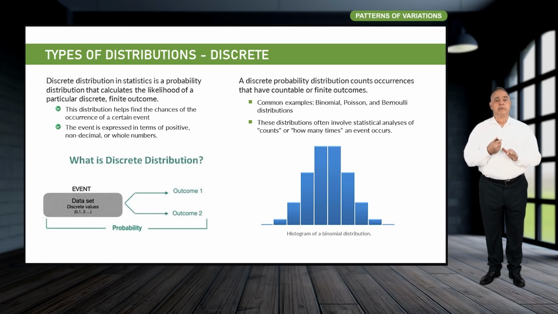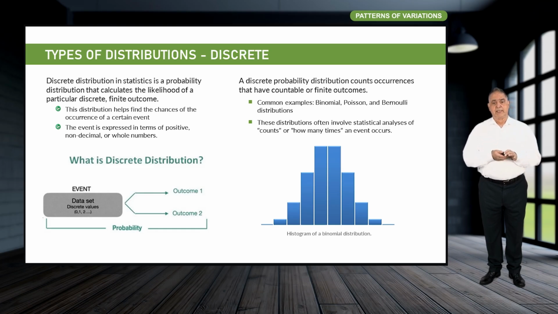And, of course, because we're referring to a probability distribution curve, there is the probability that is typically expressed in percentages. For example, there is a 50% chance that 2 buses will arrive at this bus stop within the next 60 minutes. A discrete probability distribution counts occurrences that have countable or finite outcomes.